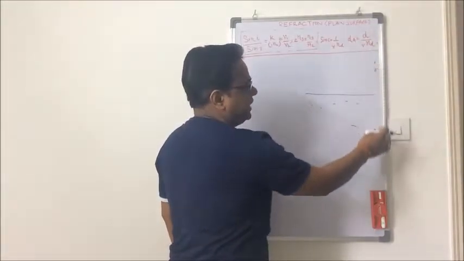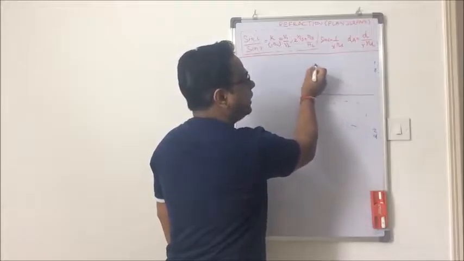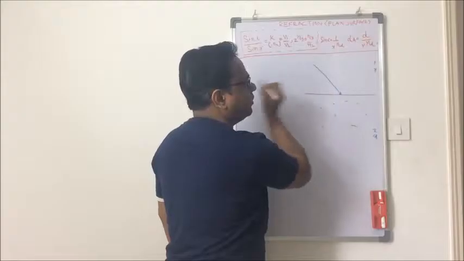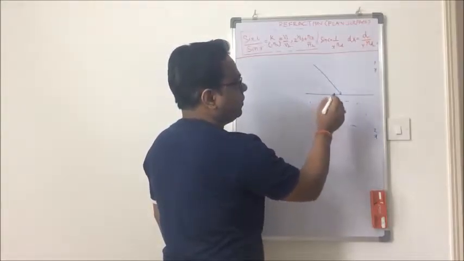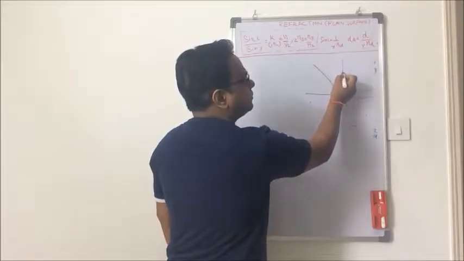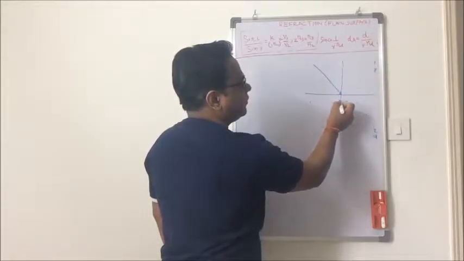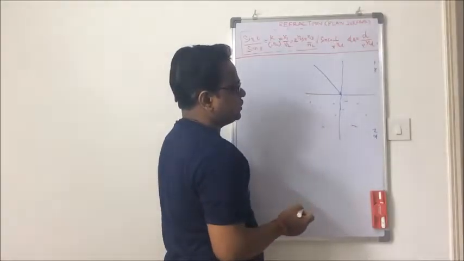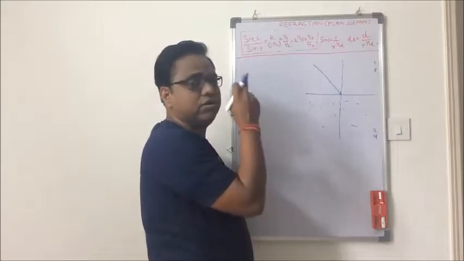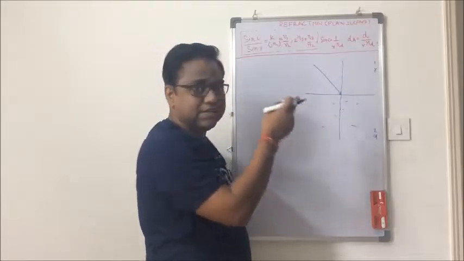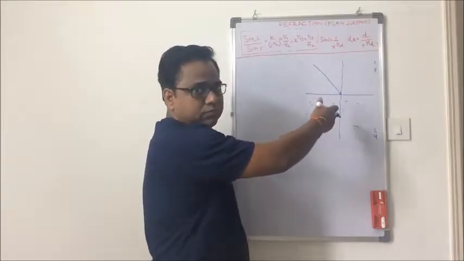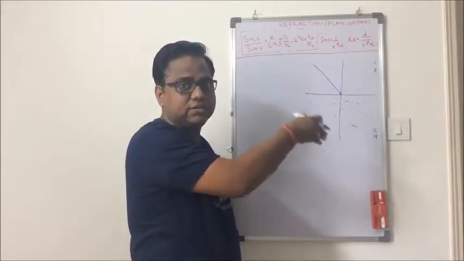A light ray is falling like this on the medium, and now let me draw a perpendicular here at this surface. What has been observed is that when light travels from a rarer medium to a denser medium, it bends towards the normal at that point where it has hit the surface.